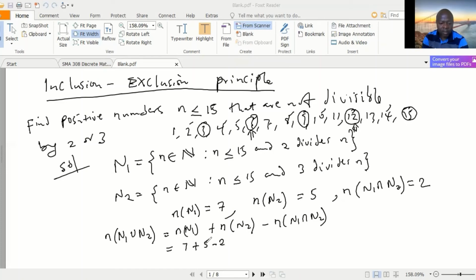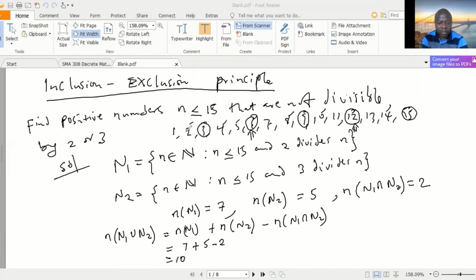So when I add, 7 plus 5 is 12, and 12 minus 2 is 10. These are the number of elements divisible by 2 or 3.